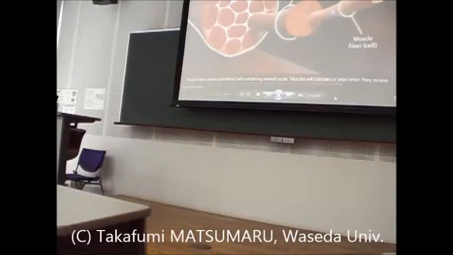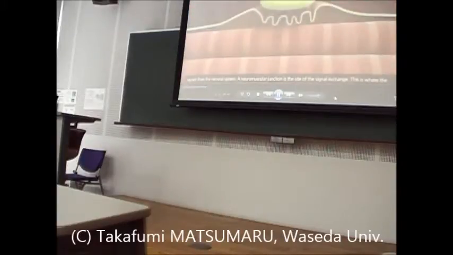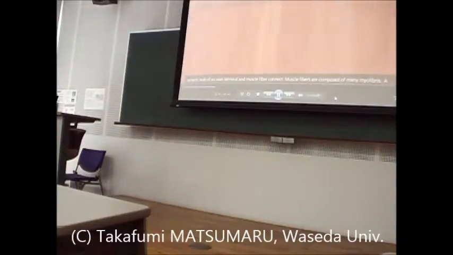Muscle fibers are long cylindrical cells containing several nuclei. Muscles will contract or relax when they receive signals from the nervous system. A neuromuscular junction is the site of the signal exchange. This is where the synaptic bulb of an axon terminal and muscle fiber connect.